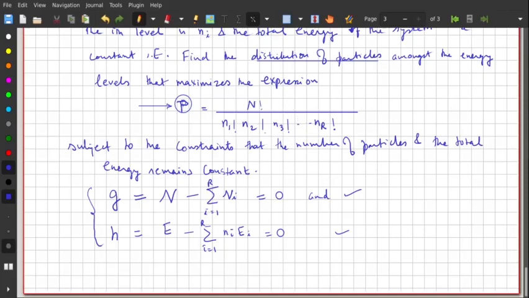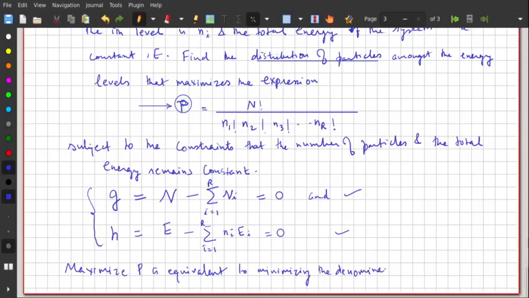So there comes why we take the logarithm. So maximizing P is equivalent to minimizing the denominator, or the logarithm of the denominator.